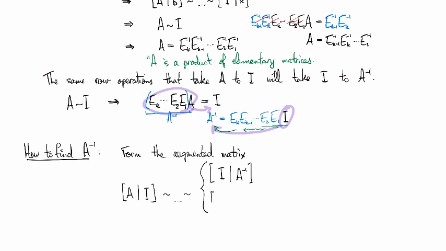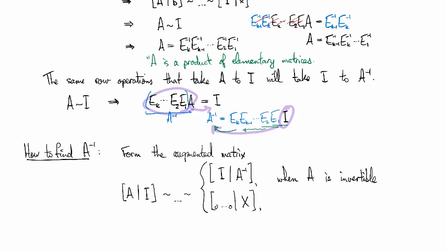So it might end up looking like this. The only other thing that can happen with a square matrix, if you don't get the identity, is you get a row of zeros. And if you get a row of zeros, then this is just some garbage over here. So this is what you're going to have when A is invertible.